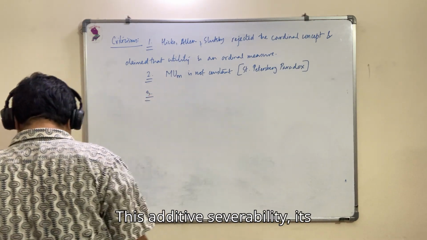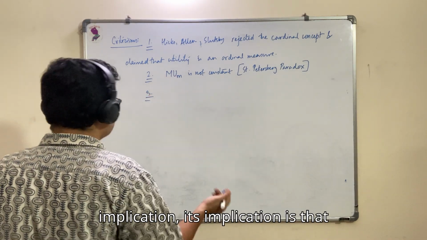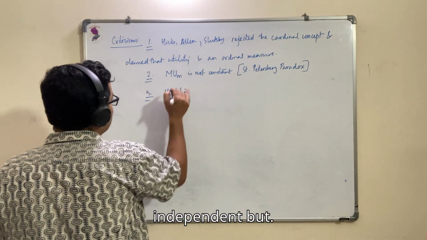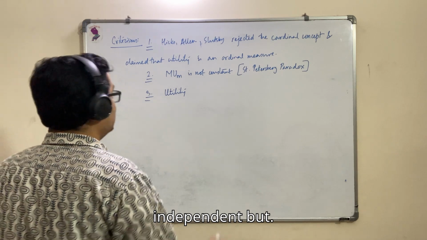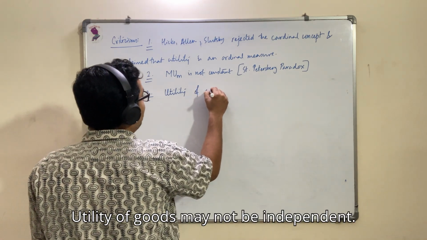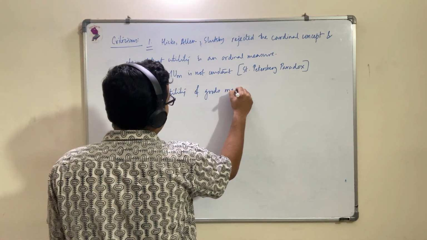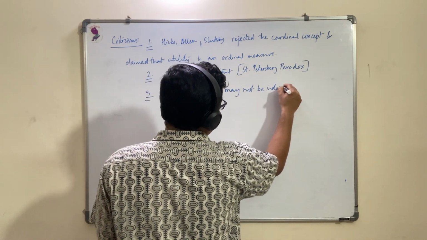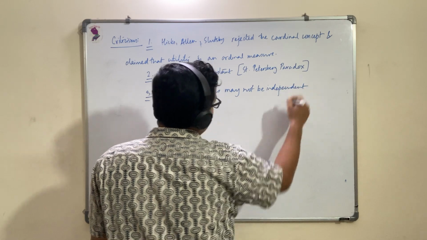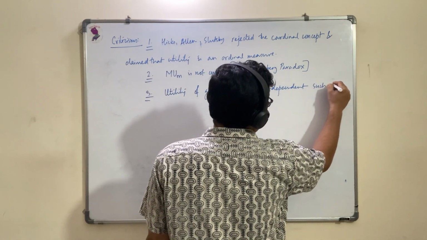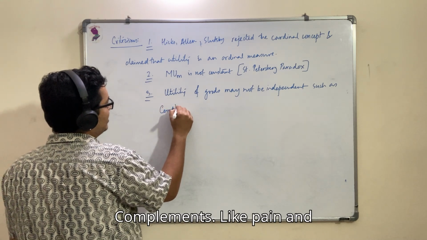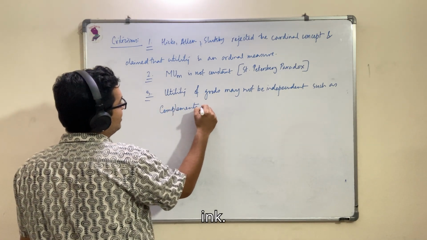Number 3, this additive separability, its implication is that utilities of goods are independent, but utilities of goods may not be independent. And the easiest example is complements like pen and ink.